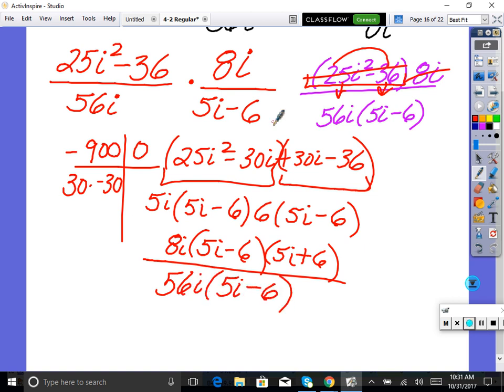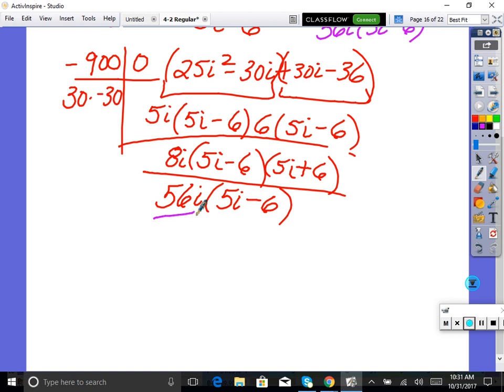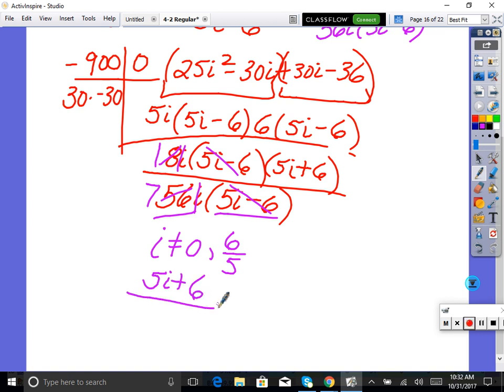Let's restrict and divide out. I cannot be 0 and 6/5. Now look, 8 and 56 becomes 1/7, doesn't it? My i's divide out. These divide out. So left is 5i plus 6 on top, and on bottom we have a 7.